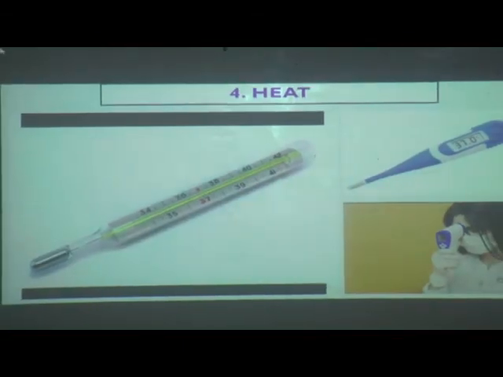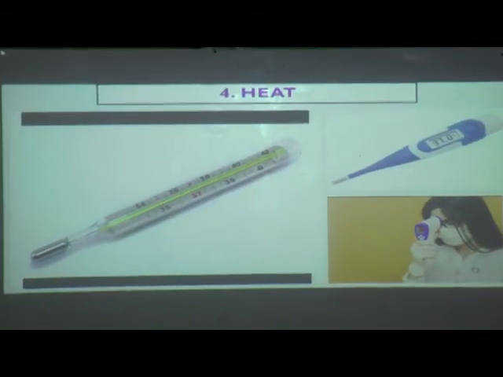Now I am going to show you a picture and you have to tell me which types of thermometers are given in that picture. Tell me the names of these thermometers.